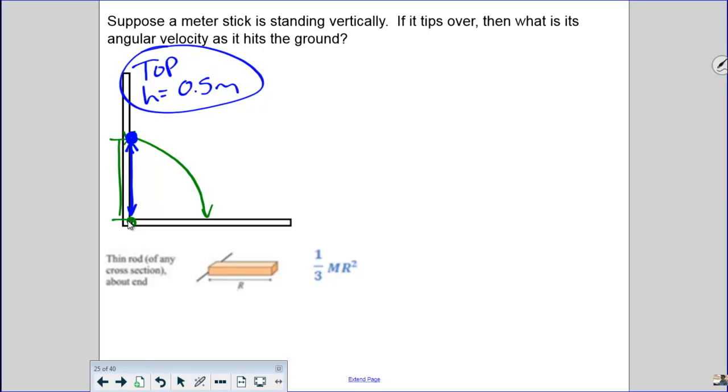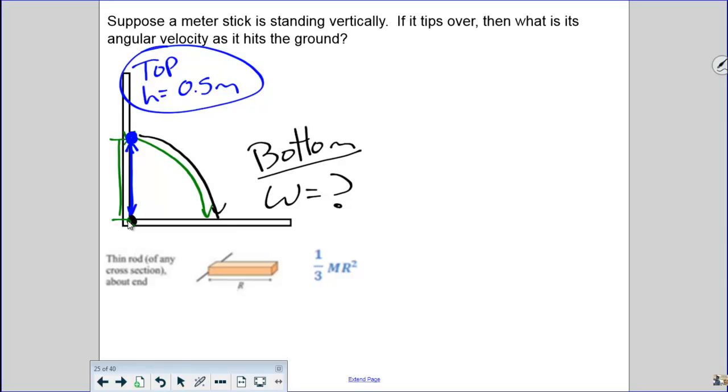Then, as it falls, it begins rotating, and at the bottom, there's going to be some angular velocity. Notice I'm not using regular velocity here, because the meter stick's not actually moving. It's not changing locations. It's merely rotating about a fixed axis. So at the bottom, that's my deal.